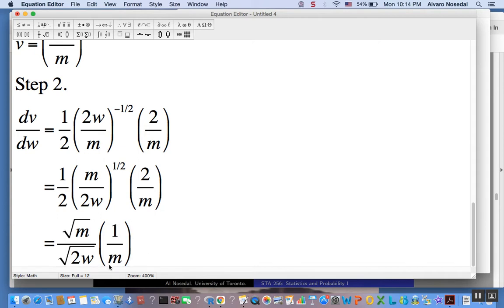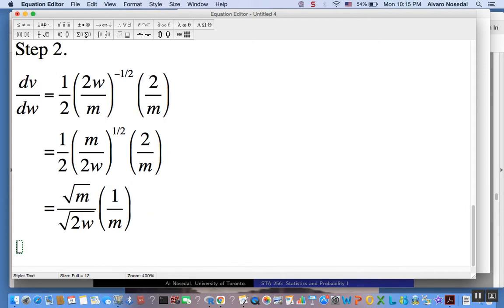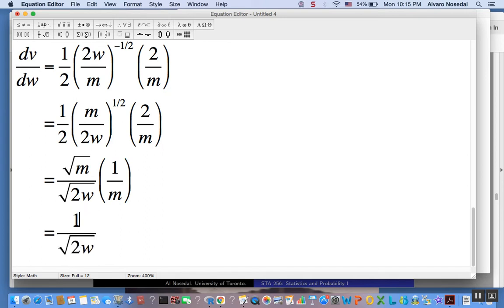And then that m is the same as the square root of m times the square root of m, so one of them is going to cancel out, and we're going to end up with just 1 over the square root of 2w times the square root of m, which we can rewrite like this: 1 over the square root of the product 2w times m.